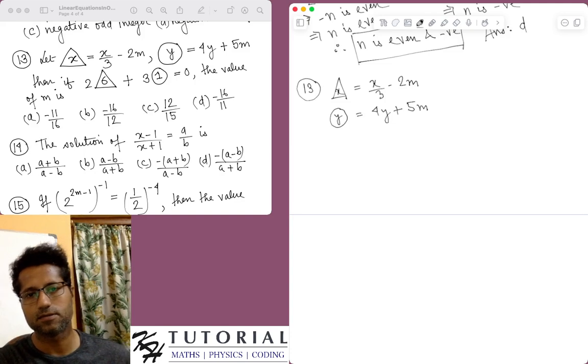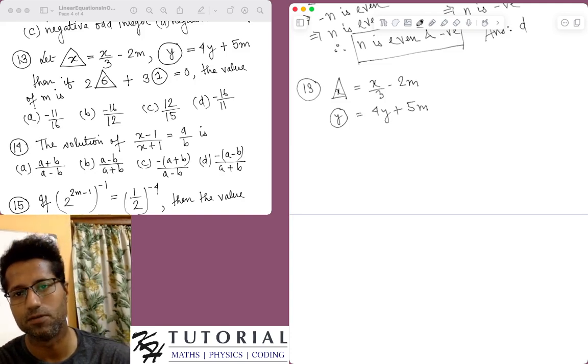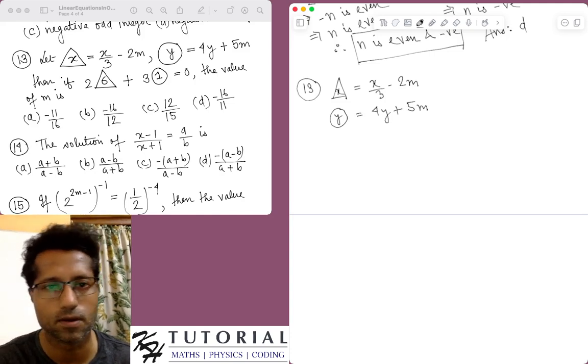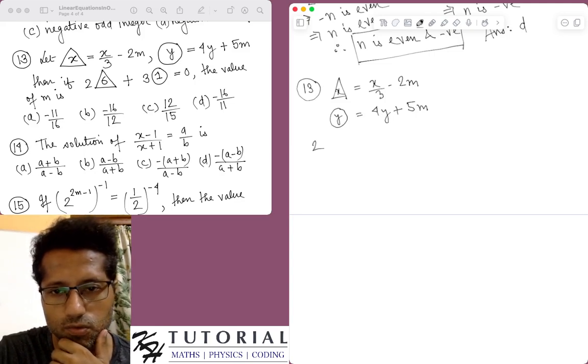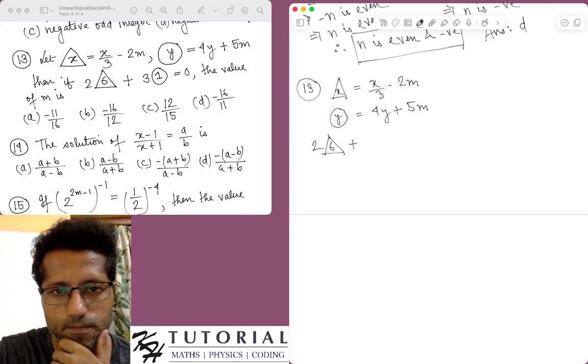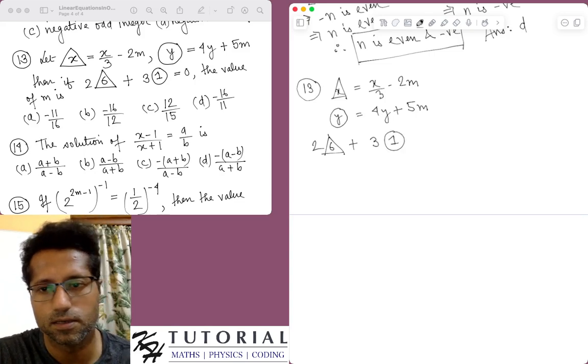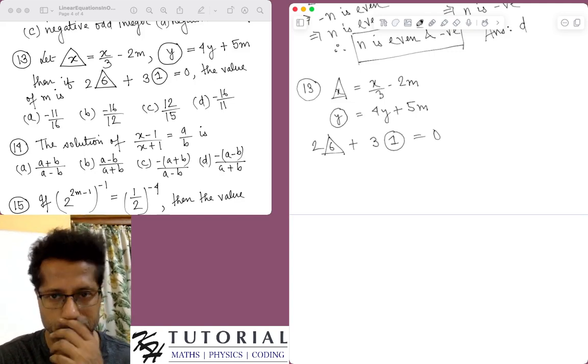Okay. Now it is given that 2 times the triangle with 6 inside plus 3 times the circle with 1 inside is 0, then the value of m is.